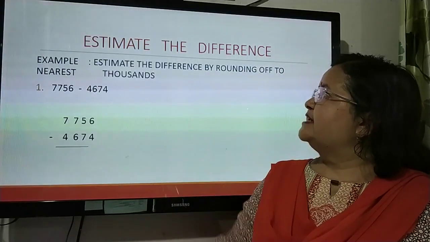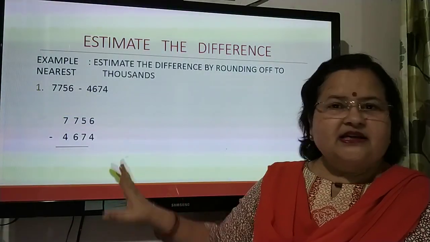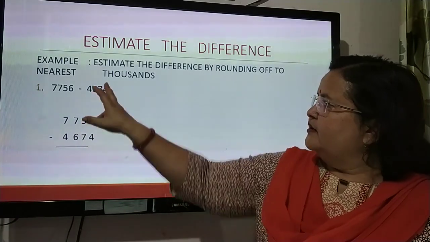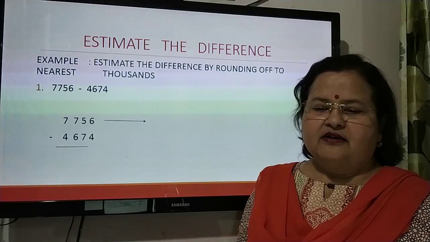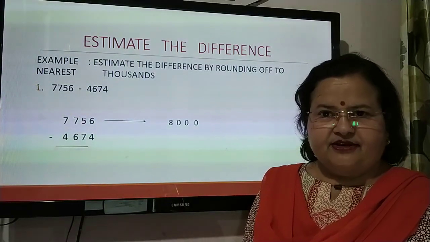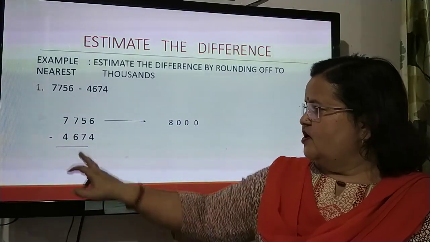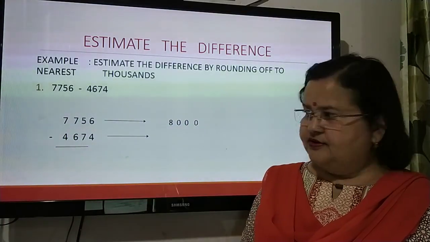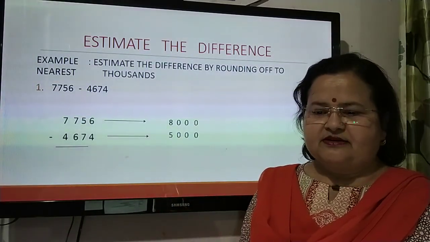Now coming over to estimating the difference. All the things remain the same. We'll write the numbers one below the other and then we'll start rounding them off. First we'll round off 7756. It will be rounded off to 8000. 4674 at thousands place will become 5000.